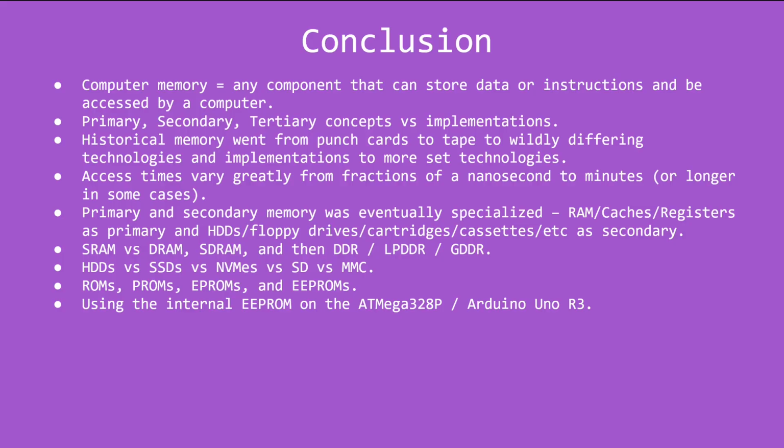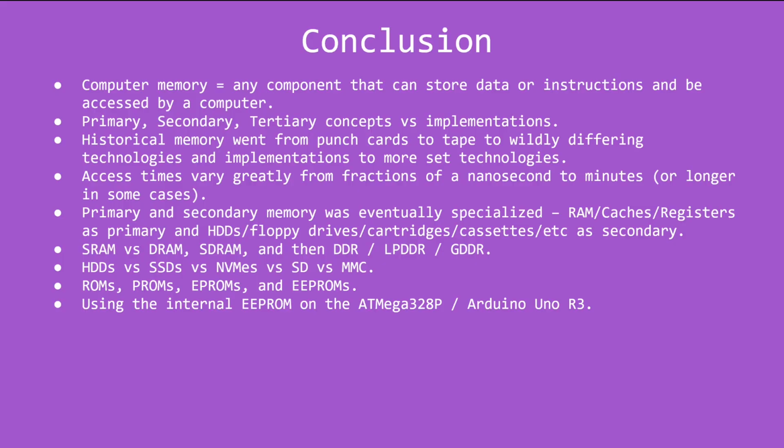Primary and secondary memory, originally there wasn't a difference. They got specialized so that RAM, caches, registers are primary, and hard drives, floppies, etc. are secondary. We talked about the difference between static and dynamic RAM, especially that huge wallet-inflating price difference.